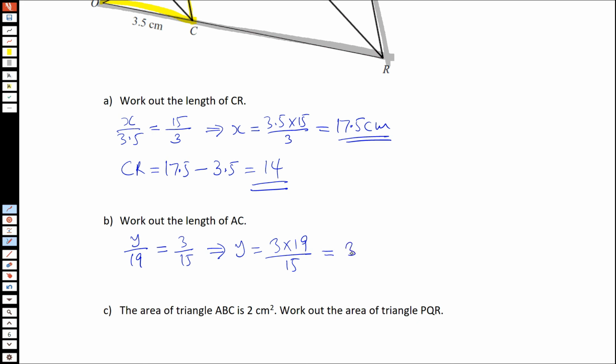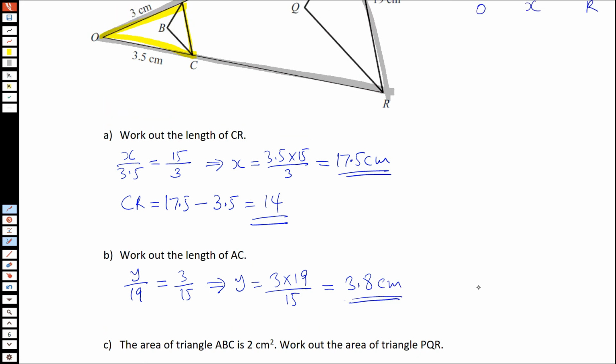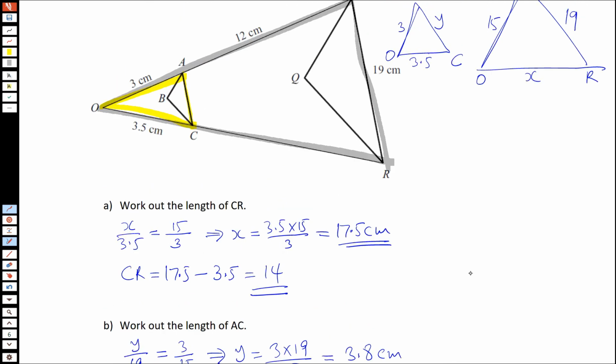And that will be equal to 3.8 centimeters.